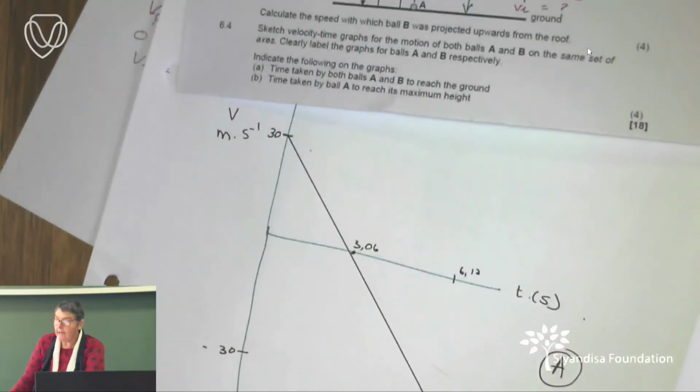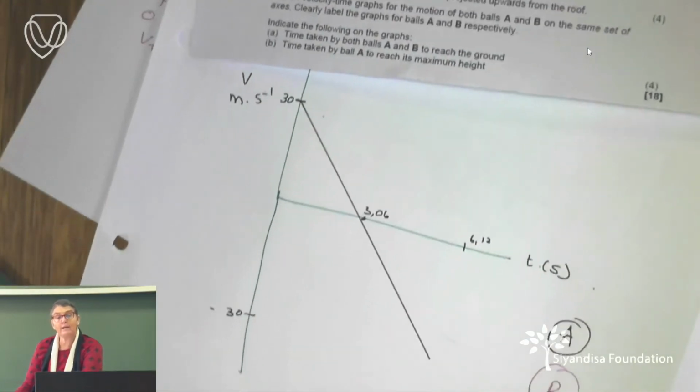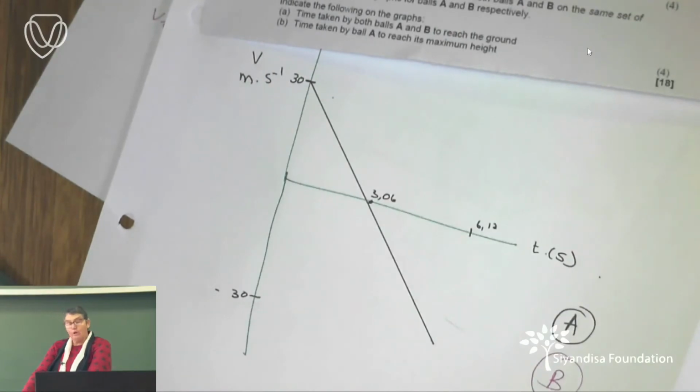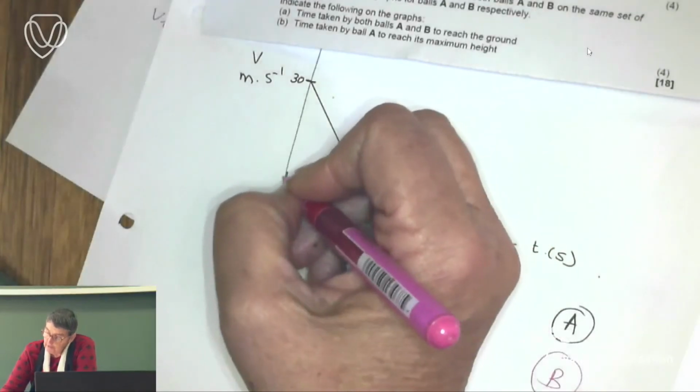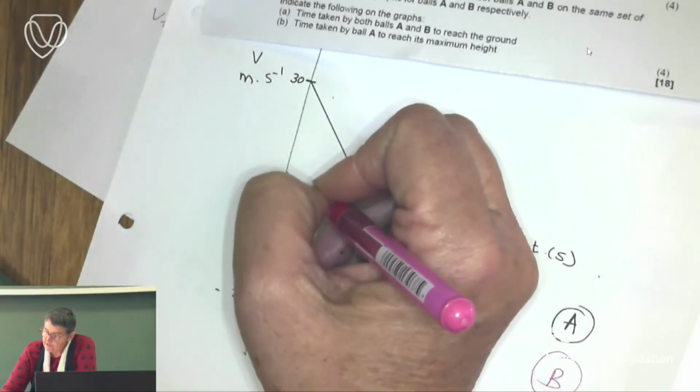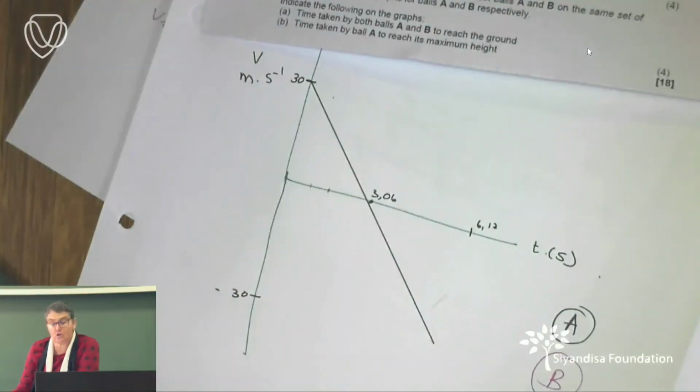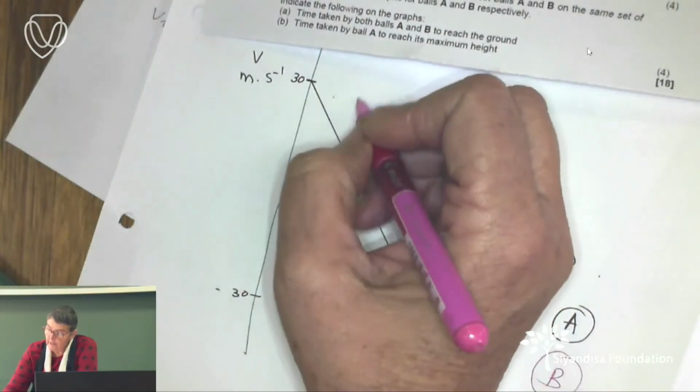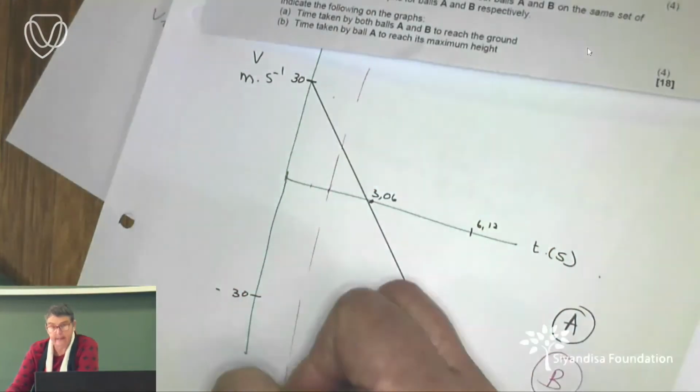Now, what happened to ball B? Let's make ball B in pink. Ball B only fell 2 seconds later. So ball B, we had to have seconds here, so if that's 1, ball B only started falling somewhere over here.